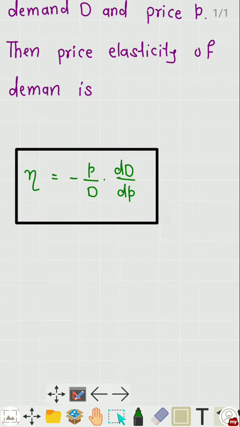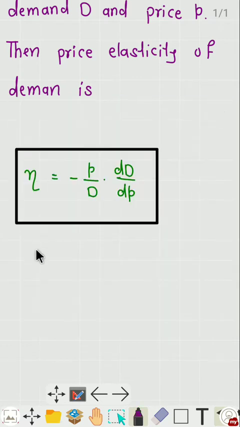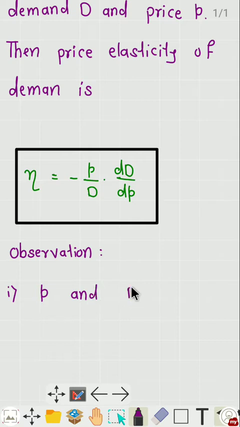Okay, now we write here some observations. The first observation is that the price P and the demand D are always non-negative, means greater than or equal to 0.